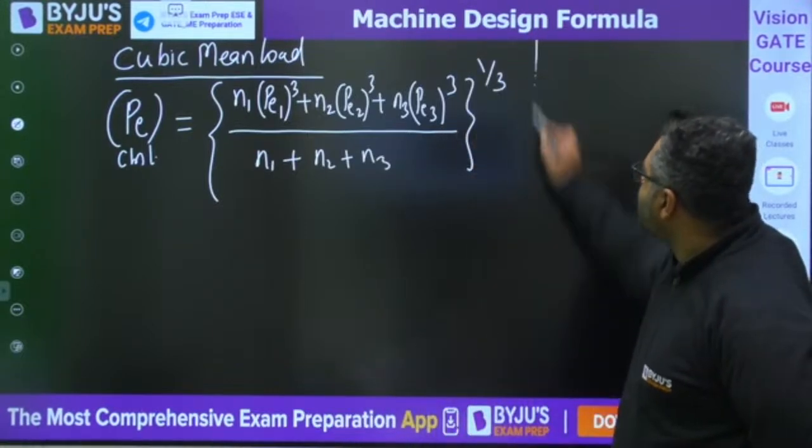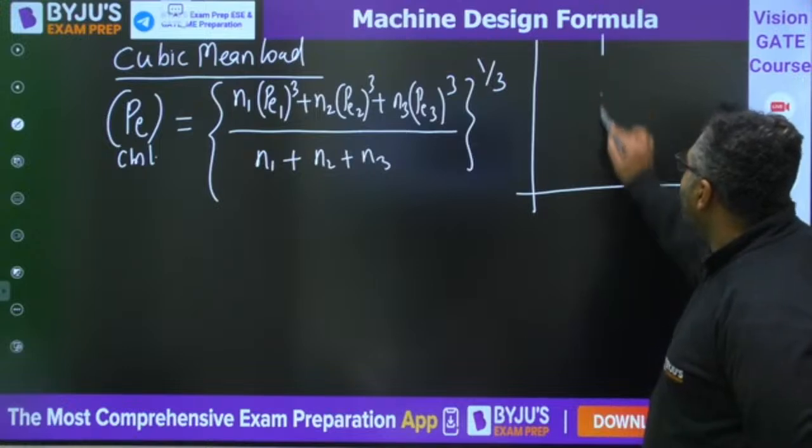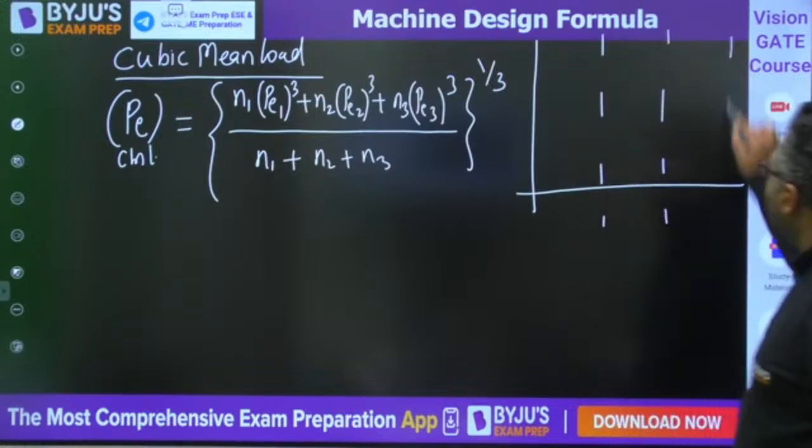This is the case if the speed is changing.